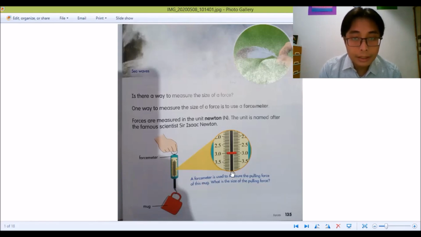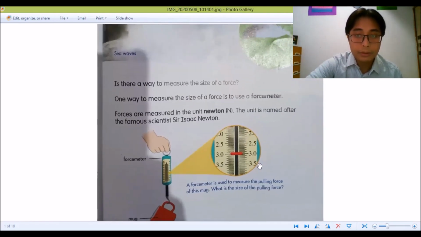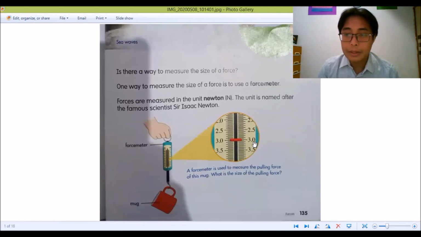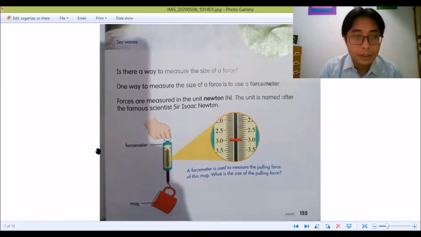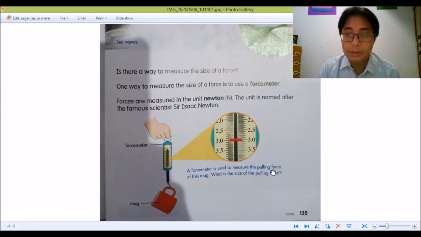Here in the picture on page 135, this is the force meter and it lifts a mug. A force meter is used to measure the pulling force of this mug. So what is the size of the pulling force?